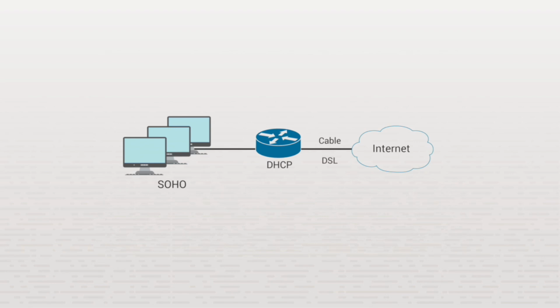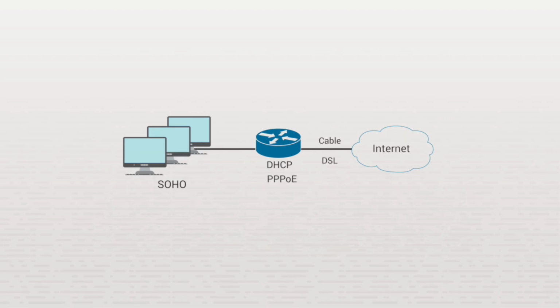With DHCP, the router contacts the ISP's DHCP server, which provides the router with all the necessary configuration information, including IP address, subnet mask, and DNS server. Sometimes the ISP will provide you with this information, which you then need to manually configure on the router. This is known as static configuration. If the internet service is DSL, you may have to configure the router to use PPPoE.